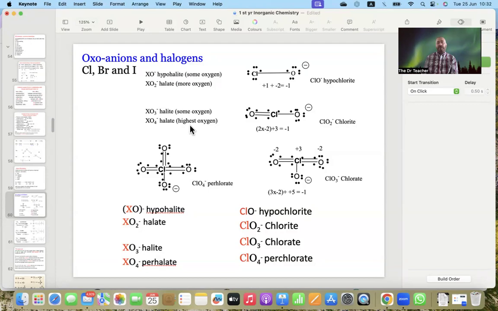Now, if we come to the halite, with some oxygen, we said ClO2 here. The chlorine forms a double bond with one oxygen and a single bond with the other oxygen.